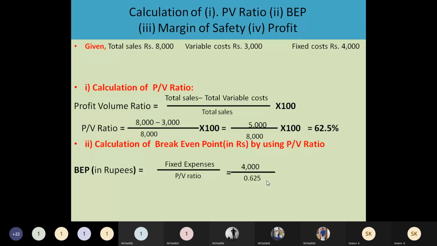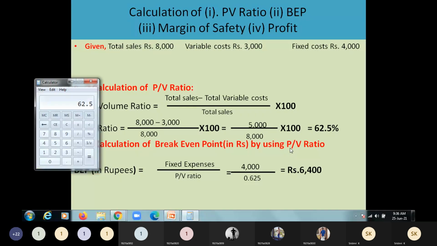So either you have to take 0.625 or 62.5 divided by 100. That will give you 6,400. You can check it in the calci. 4,000 divided by 0.625 gives you 6,400. This 6,400 is nothing but rupees, so you have to mention there rupees 6,400.